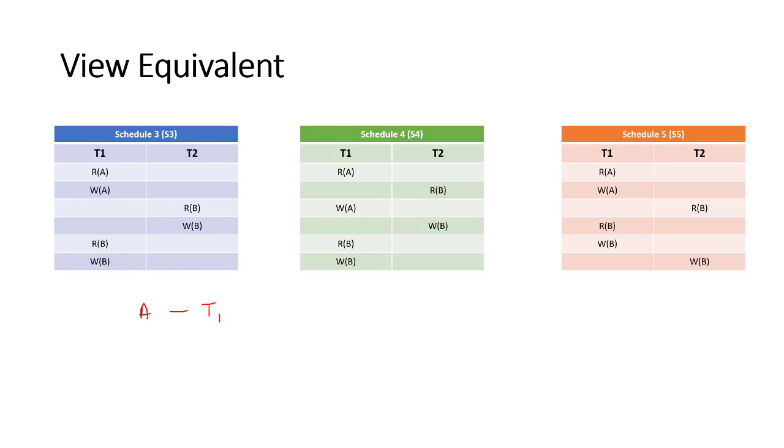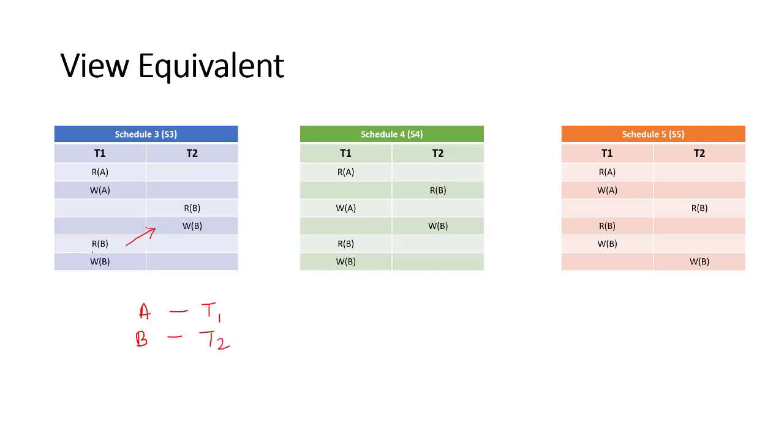For data item B, you can see that T2 is reading the initial value of B, but T1 is not, because T1 is reading the data item B after T2 has written that data item B. So here T2 is reading the initial value of B.